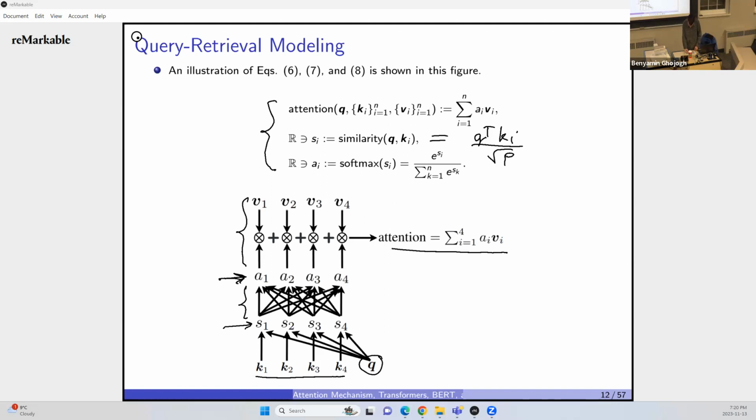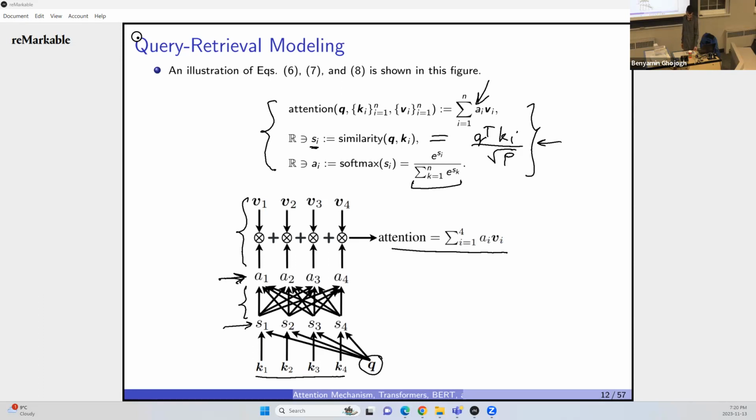One of the most important, famous ones is this. Now, can I write all of these things in matrix form? Yes. So try to have a mental picture of this slide. First I have Si, which is the inner product of Q and K scaled by 1 over square root of P, and then I put them in the softmax, then I use these softmax weights in the linear combination for the values, right?